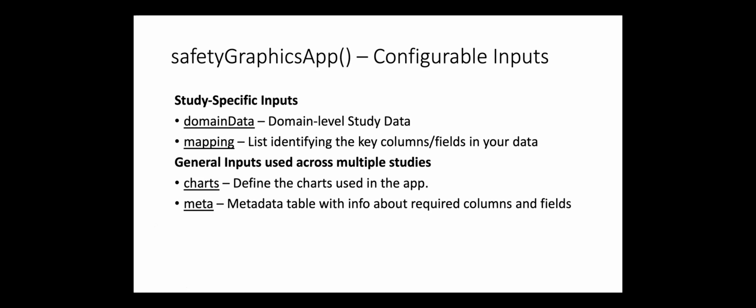And then there's also a metadata table that has information about the required columns and fields. And you may have noticed that a lot of the content in the mapping tab was already filled out. That is because you can define data standards in this metadata table as well.